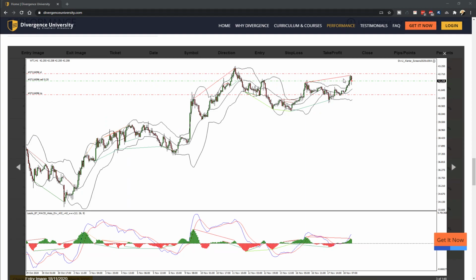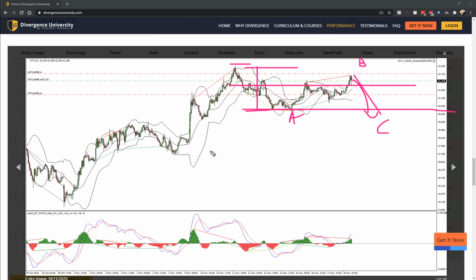One more thing: if we're expecting this ABC to provide a second wave down, or a potential ABC, because that would be, technically speaking, how we can draw it, wave BC is still a potential one, it's not a fact. But knowing that and having this deeper pullback above the 50% of this zone means we can look for larger targets.